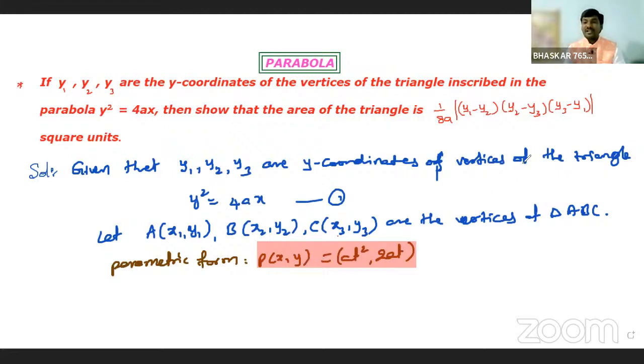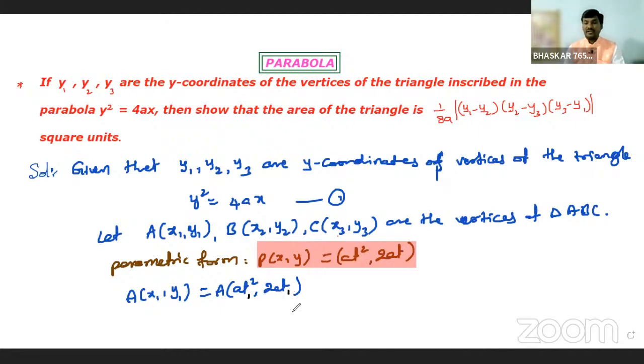Now, after that, we have to write all these points in the parametric form. A (x1, y1) equals (a t square, 2at). But we have three points, (x1, y1), (x2, y2), (x3, y3). So how do we write them? We can write (a t1 square, 2a t1).